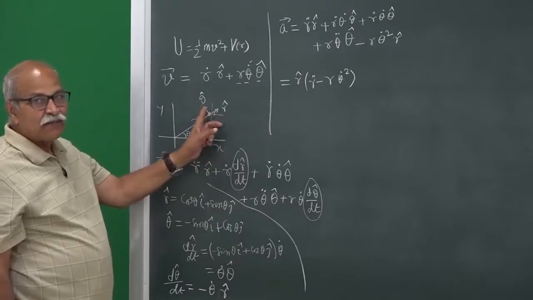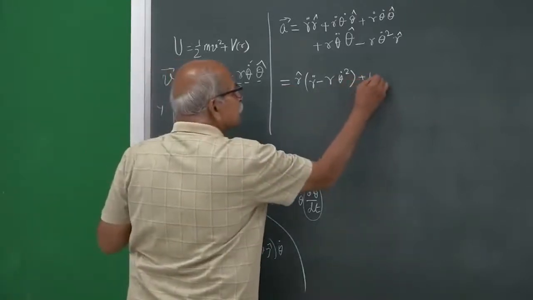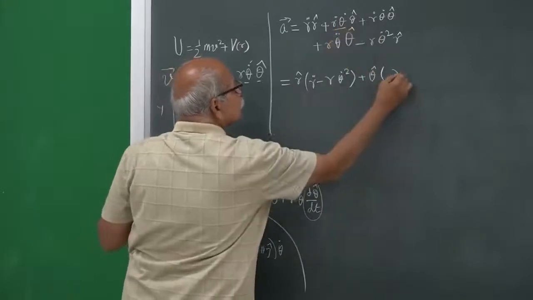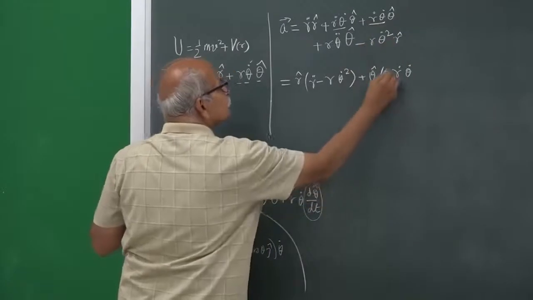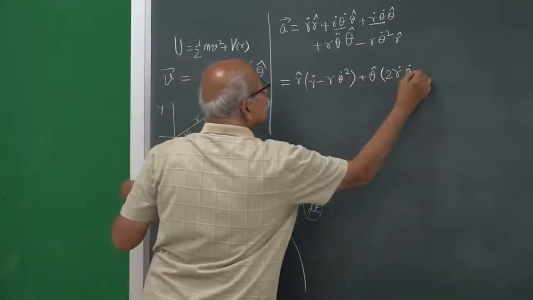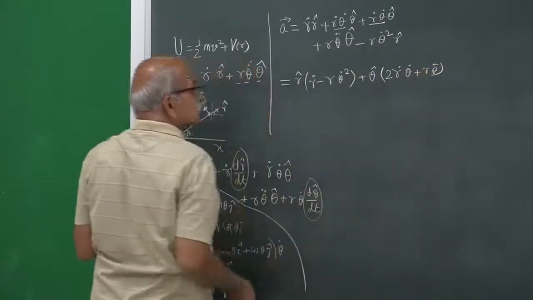So, that r cap component will be this, and the theta cap component will be from here r dot theta dot, then from here again r dot theta dot, and from here r theta double dot. So, that is the expression.